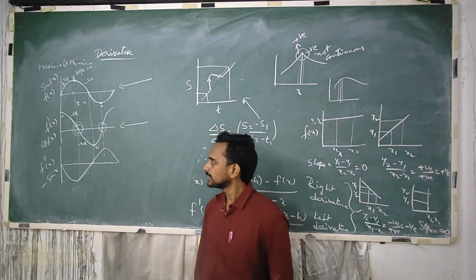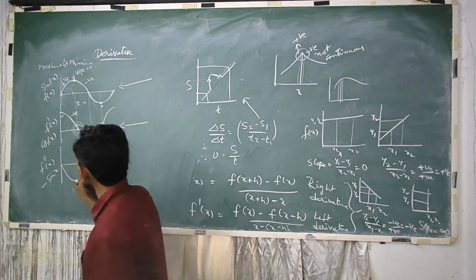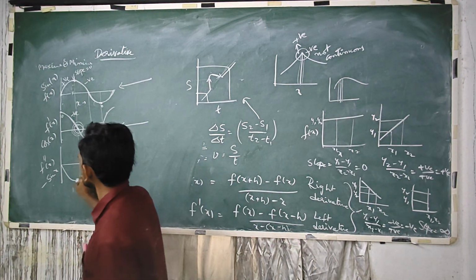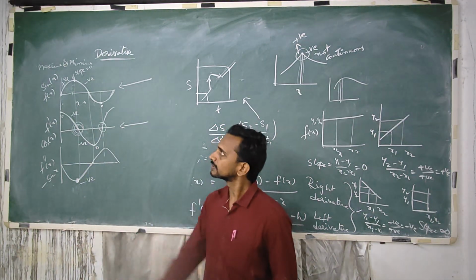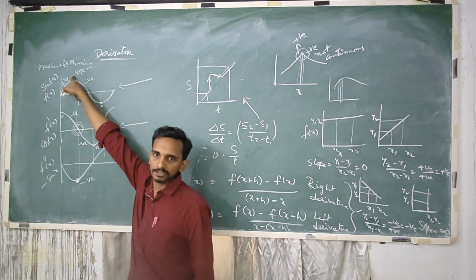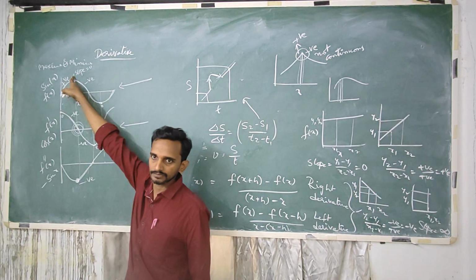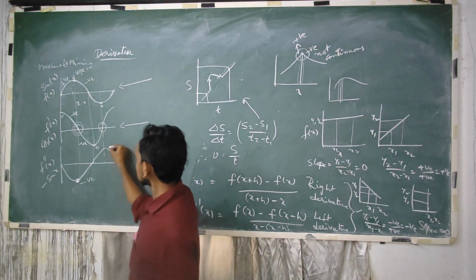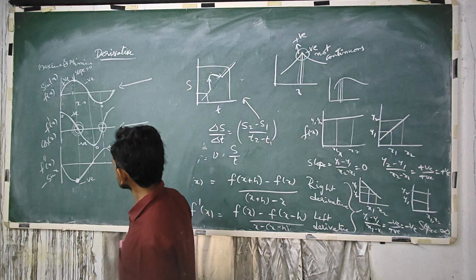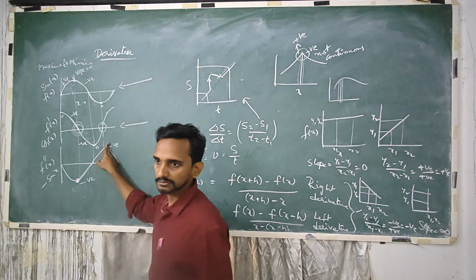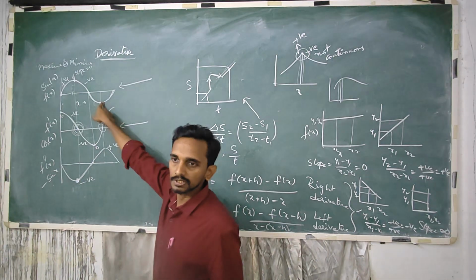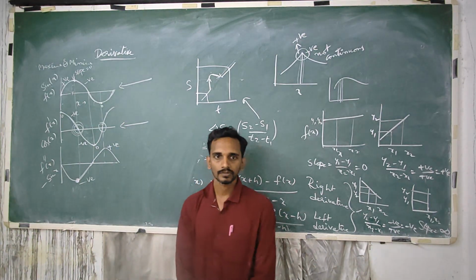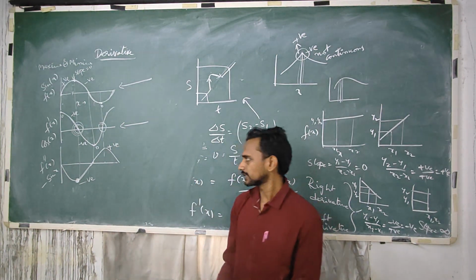And if you see the sign of the second derivative, if the second derivative sign is negative, the original function will have a maximum. If the sign of the second derivative is positive, you will get a minimum. So that is how we consider.